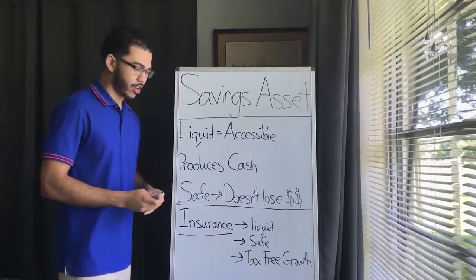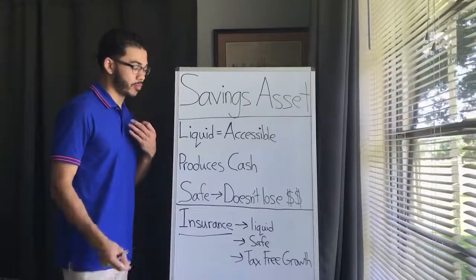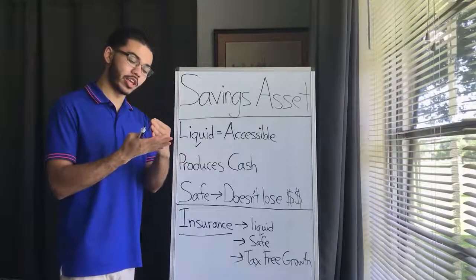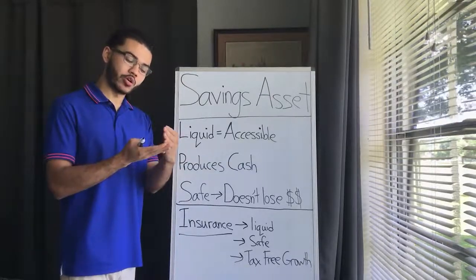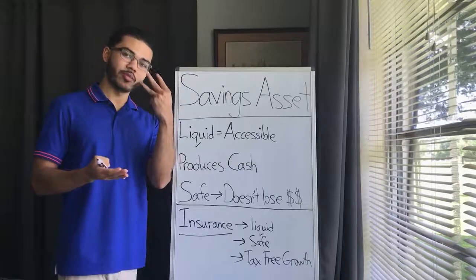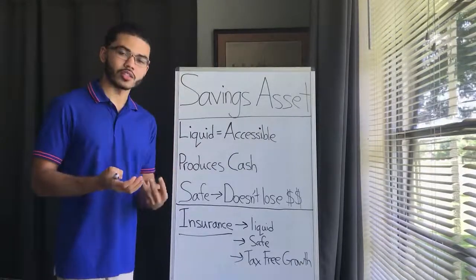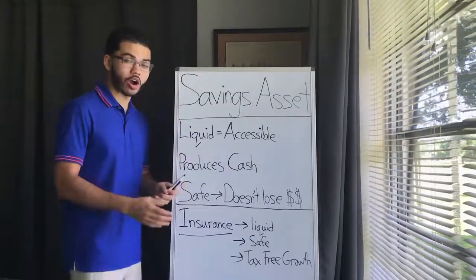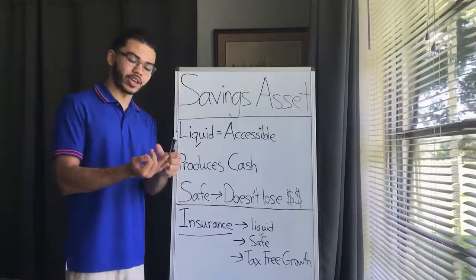If you've watched any of my videos, you know how passionate I am about personal finance, but also the history of money, and showing people the three major concepts that have never failed when it comes to money, which are insurance, banking, and real estate.